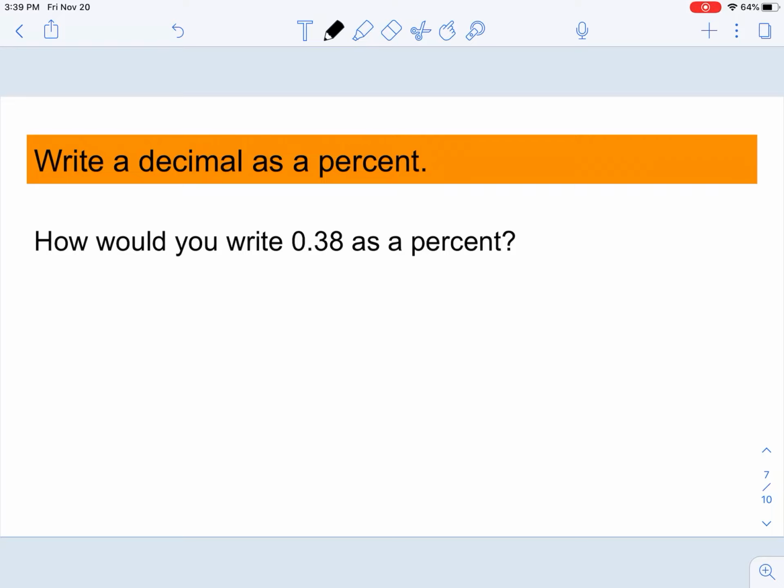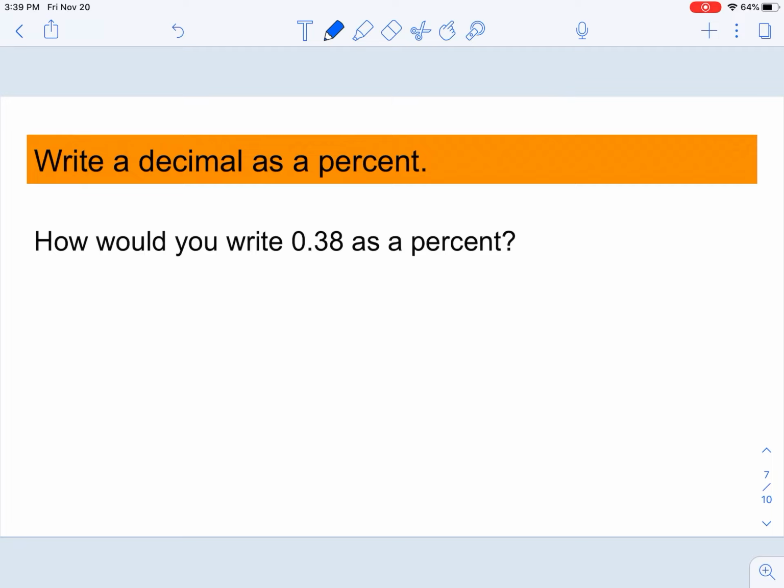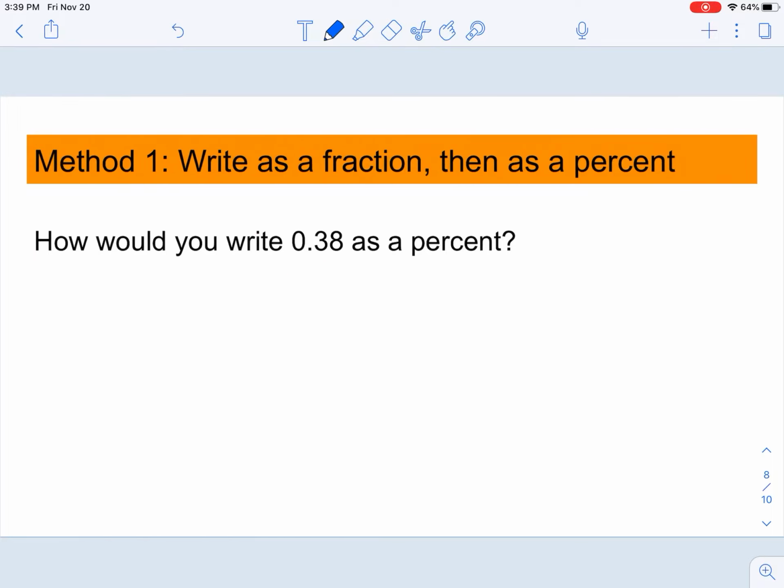Now let's look at if we want to turn a decimal into a percent. So I want you to think about it right now. Think about what method might work for you. Could you write that decimal as a percent? All right, just like in the last one, the first method is that we can write it as a fraction first.